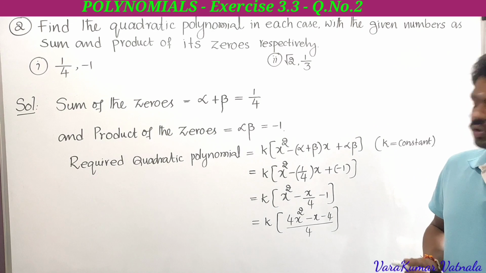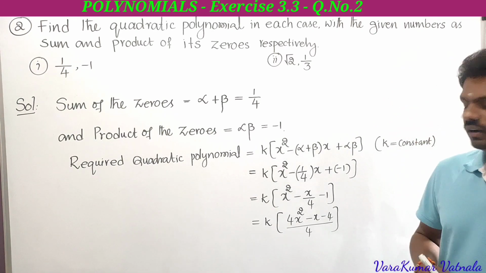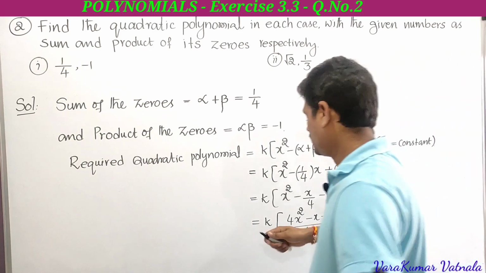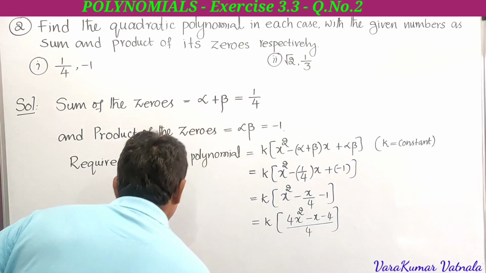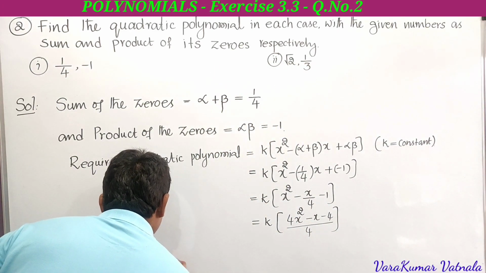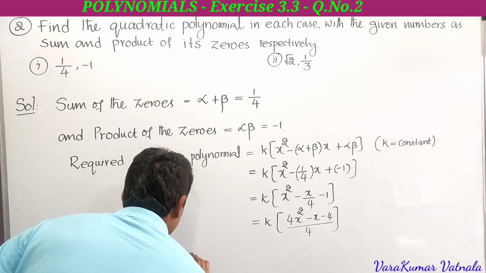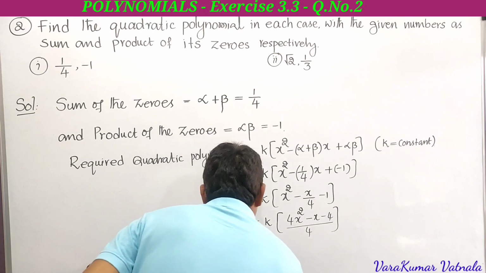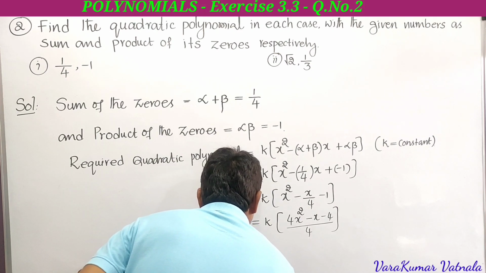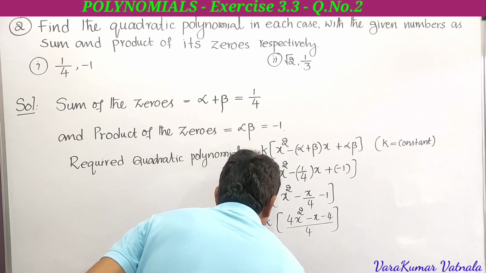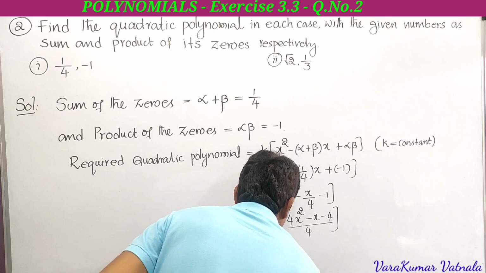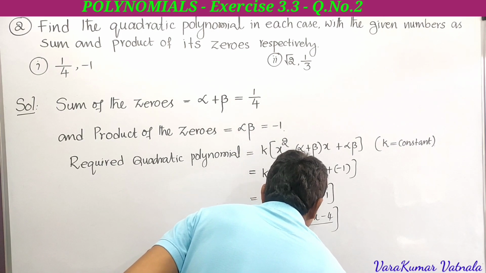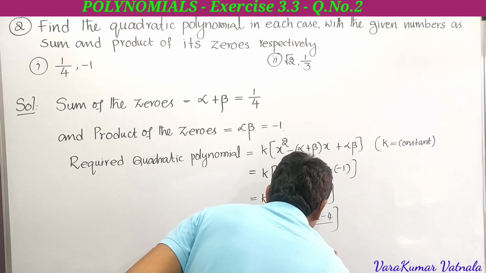If we substitute k is equal to 4, then the 4 gets cancelled and we can get the quadratic polynomial. See here, if k is equal to 4, then the quadratic polynomial is equal to 4 into 4x square minus x minus 4 divided by 4.